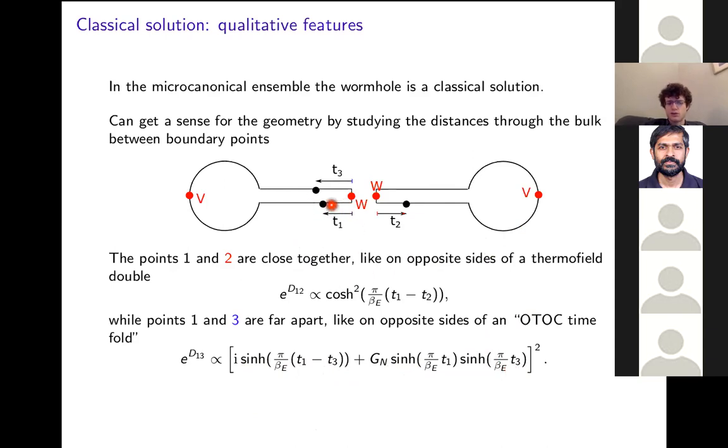If we're far away from the end point of the contour, then the time parameters T1 and T3 will be large, and this term will be big. So the distance between these 2 points is large. That's qualitatively what it looks like: a wormhole where these 2 points are close together, and these 2 points are far apart.